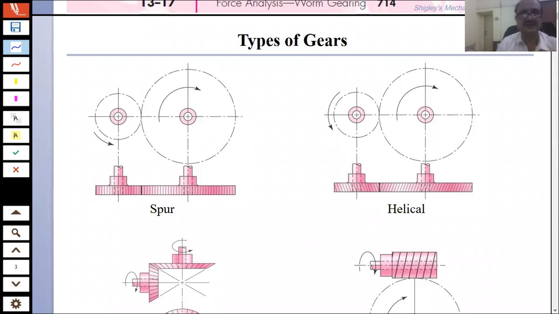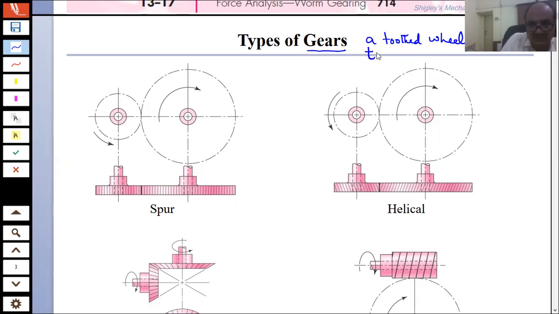Dear students, we are going to talk about gears today. So, what is a gear? A gear is basically a two-thread wheel, and it transmits power.